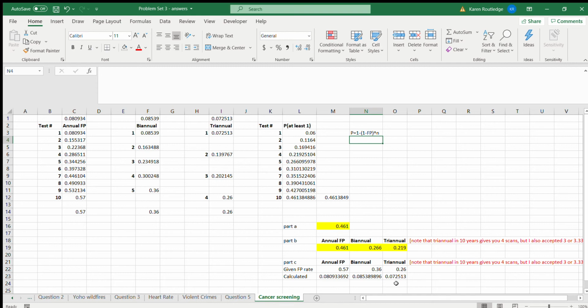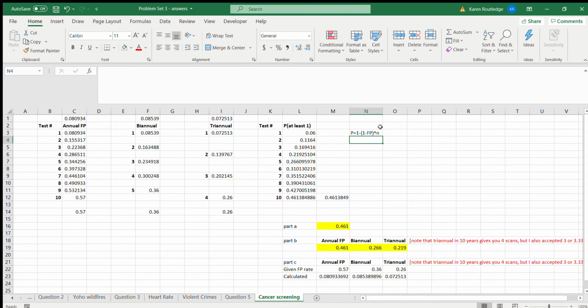Again, the key was realizing that every time you need to use this equation, you're either solving for p or solving for the false positive rate. In theory, you could solve for n, I suppose, but we didn't have to do that.